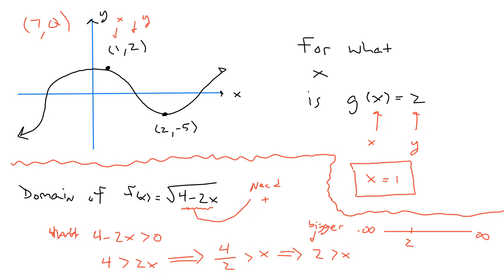Well, where are all the numbers on this picture less than 2? They're right here, going to the negative side, right? So if it helps to visualize it, I drew the number line and put a blue circle around it, and that's it. It's negative infinity to 2. So here's my answer. The domain is negative infinity to 2.